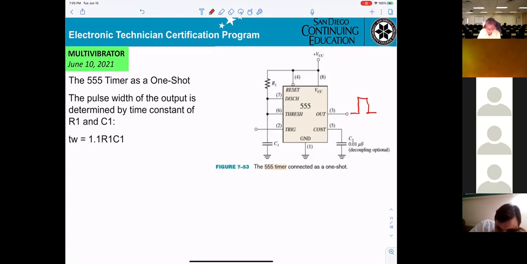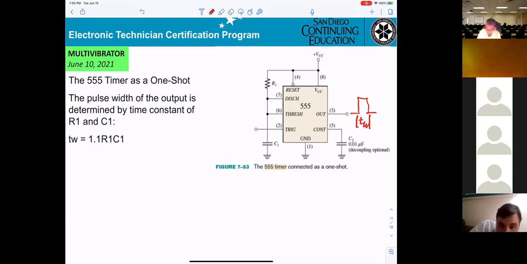Okay, and basically the TW, the width of the signal depend on R and C.